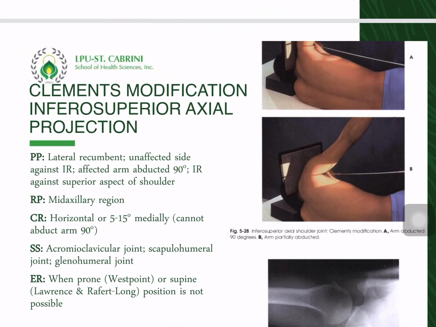The IR is placed against the superior aspect of the patient's shoulder. The central ray is directed horizontally to the MCP, passing through the mid-axillary region of the shoulder. If the patient can't abduct the arm at a full 90 degrees, angulate the central ray 5 to 15 degrees medially.